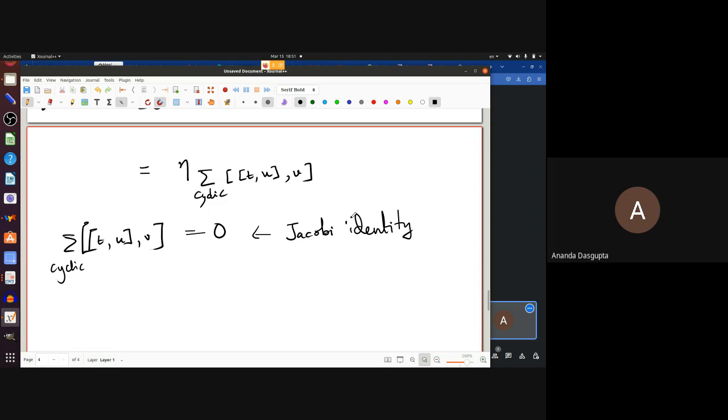There should be a so-called product which acts on a pair of vectors to give you another vector, but that bracket will have to have these properties. TU will have to be minus UT. That's one property, and the other property is this one. The moment you have such a structure, you call it a Lie algebra.